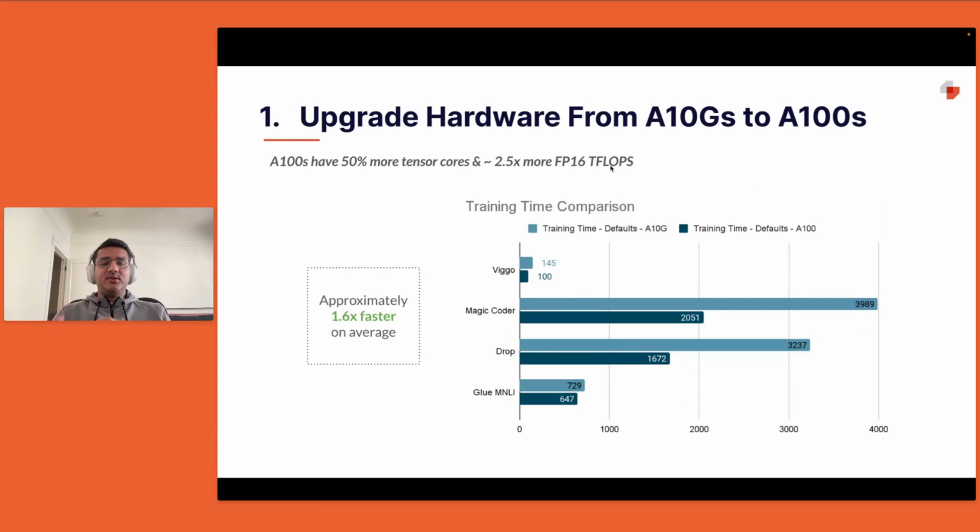And just by making the swap, we saw that on average, we were approximately 1.6 times faster just by making the swap and keeping everything else the same.